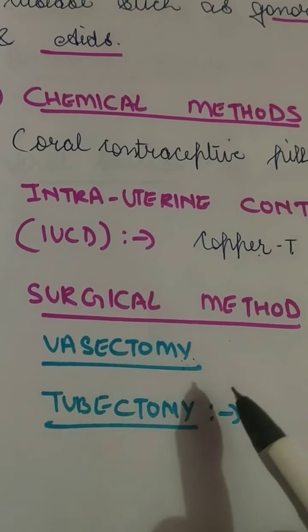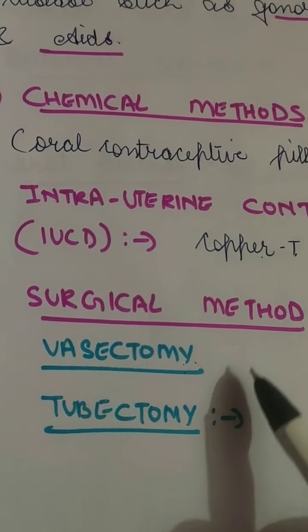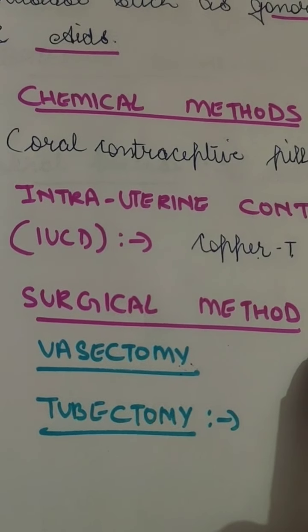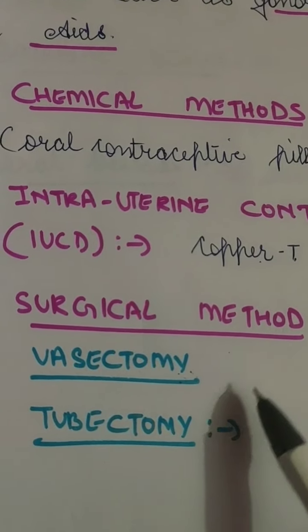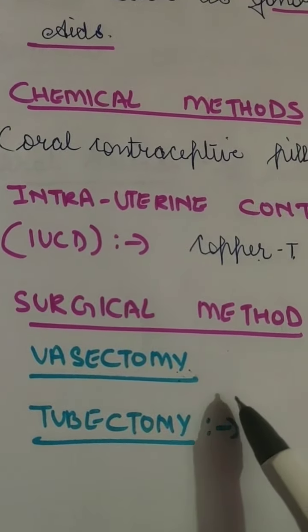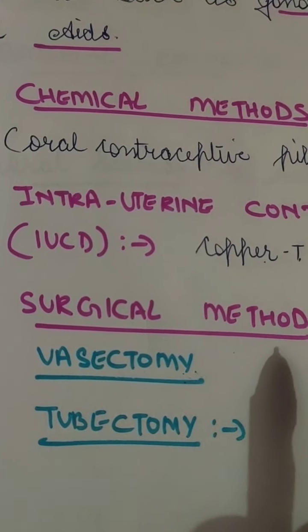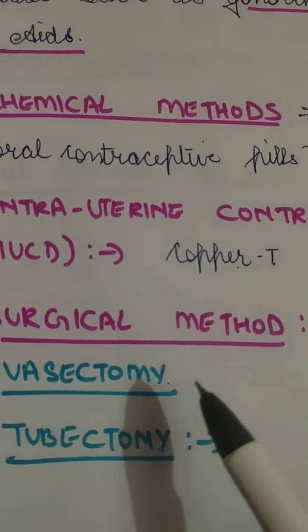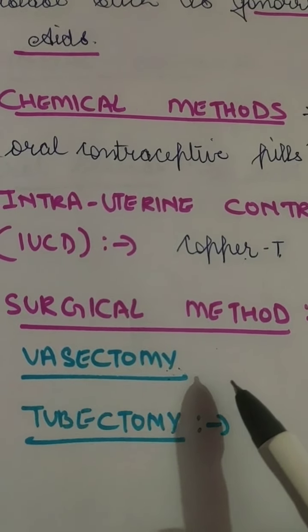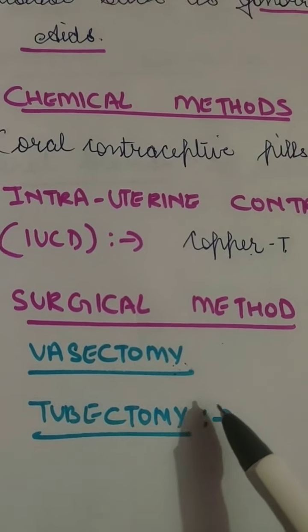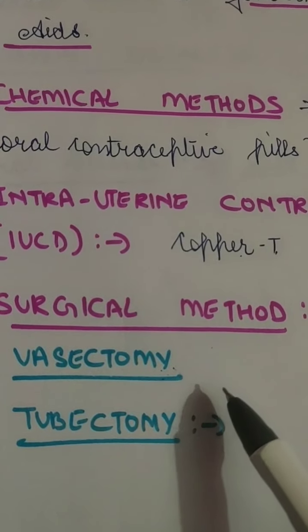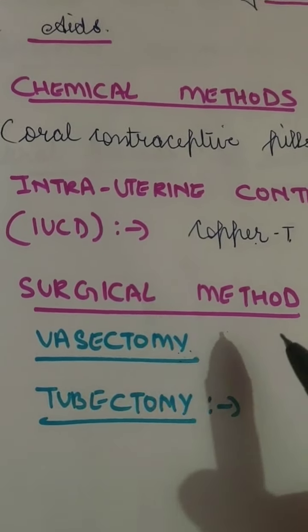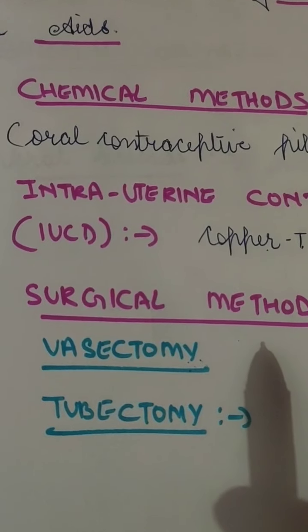So when it will not join with the tract from which the sperms are released from the body, there is no sperm, and so there is no fertilization. In the vasectomy, by the surgical operation, both the ends of the vas deferens are cut or tied properly so that there is no release of the sperms.